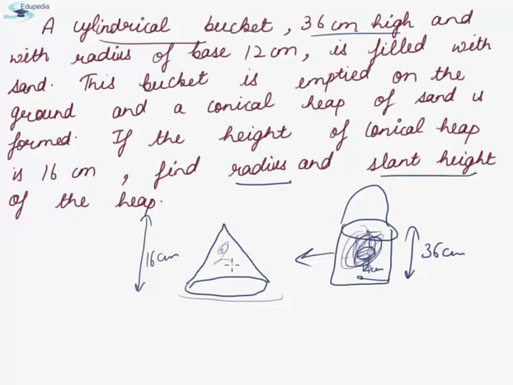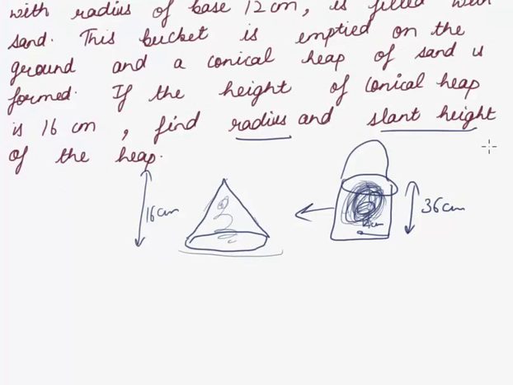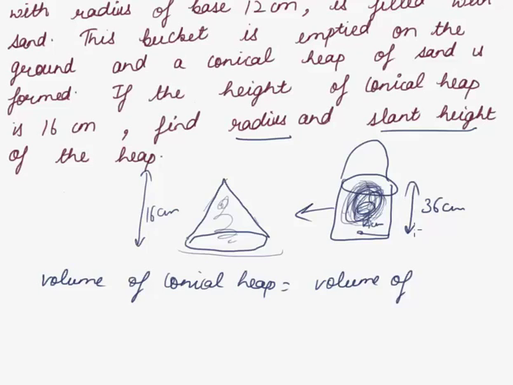So friends, as discussed in the previous question, the volume of material used in this sand inside the bucket and used in this conical heap formation is same. So we can say that volume of conical heap is equal to volume of cylindrical bucket or the sand inside, because this bucket is filled with sand, so we can say volume of cylinder also.